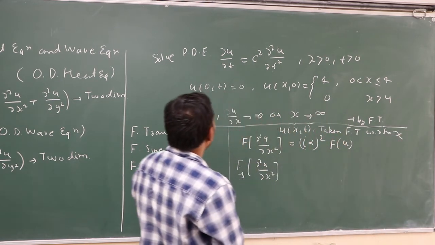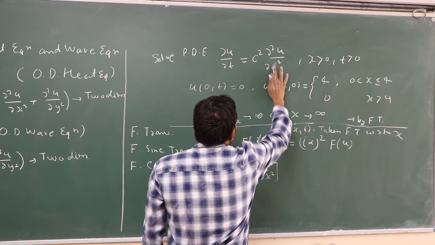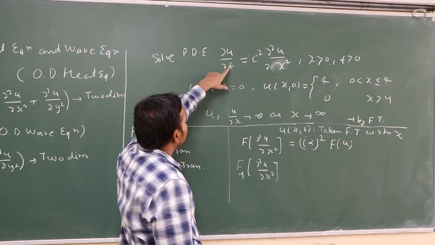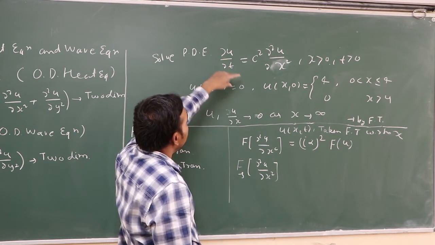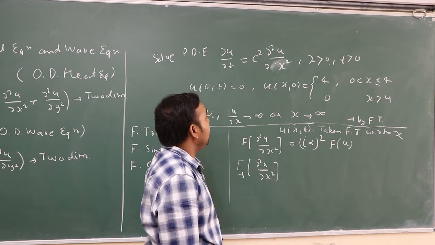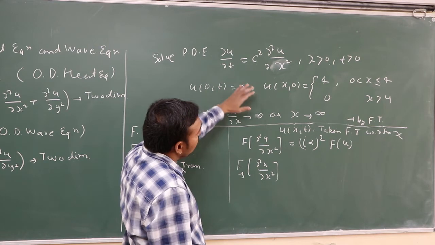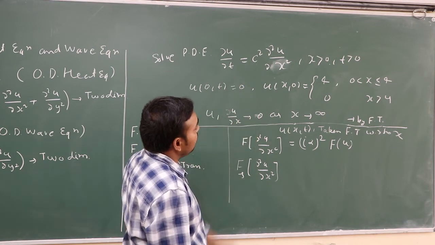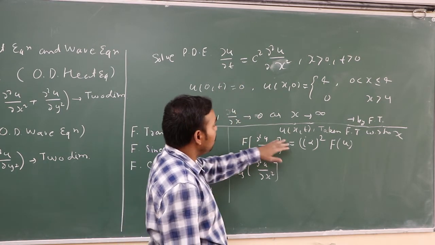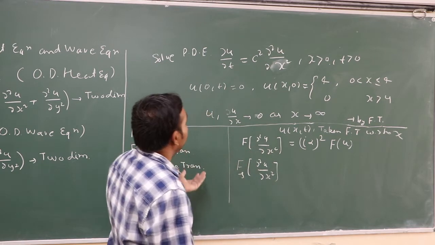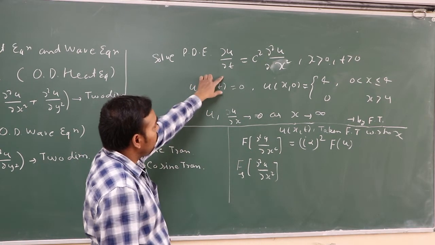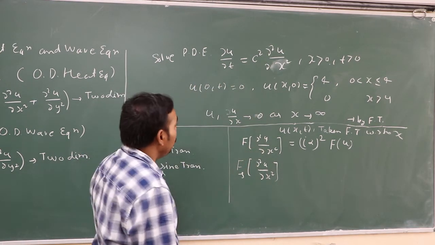Here u is the dependent variable, and t and x are independent variables. So one more question is whether the transform is taken with respect to t or with respect to x.